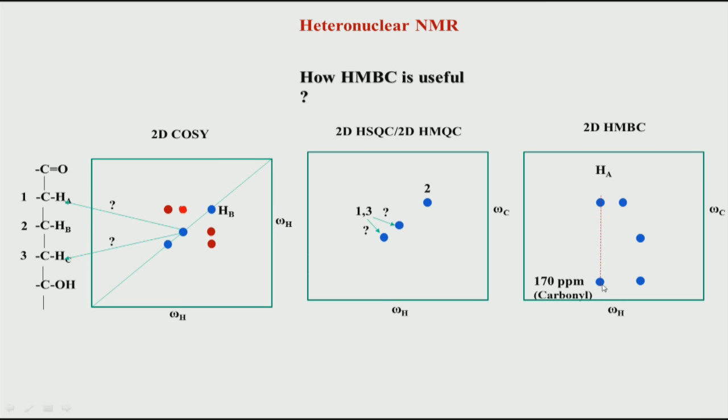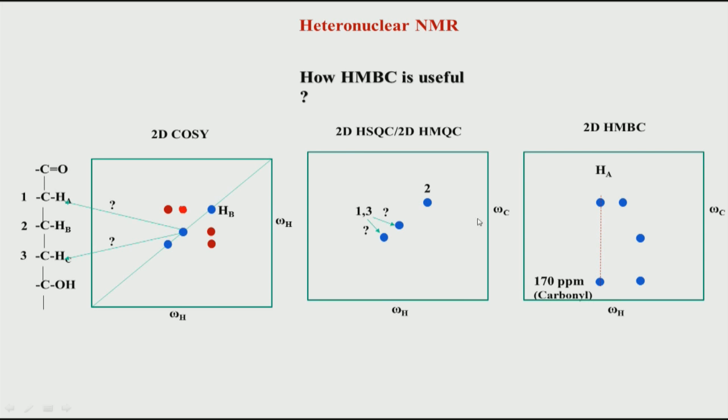Now, if you look at the structure here, only Ha and Hb are close to this carbonyl. In fact, Ha is very close, 2 bonds away. So, Ha is expected to give a strong HMBC correlation to the carbonyl carbon, and I would not expect Hc to give a correlation to this carbonyl carbon.